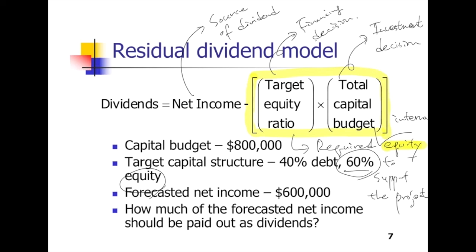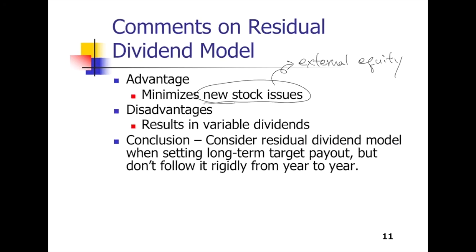What is internal equity? That is retained earnings, right? So retained earnings for future reinvestment, right? So if the firm retains a lot, it means the firm has more internal equity, which reduces external equity, new stock issues. But there is a disadvantage when the firm uses the residual dividend model: it results in variable dividends.